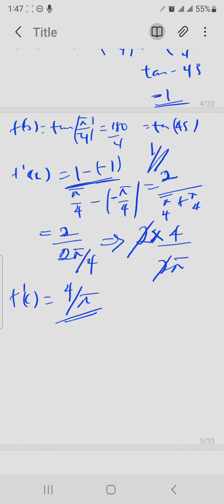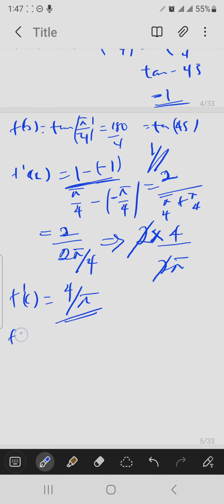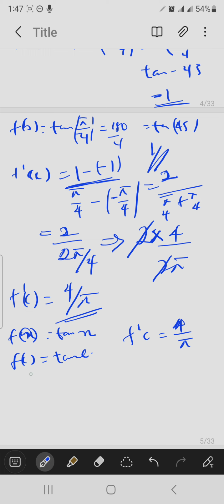Now to obtain the value of C, originally we have f of x to be equal to tan x. So now we are going to find f of C, which will be tan C. But you know that f prime of C is 4 over pi. Do you understand what I'm saying? So f of C is tan x.